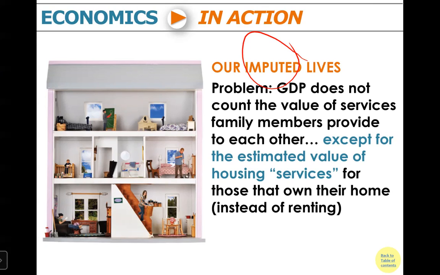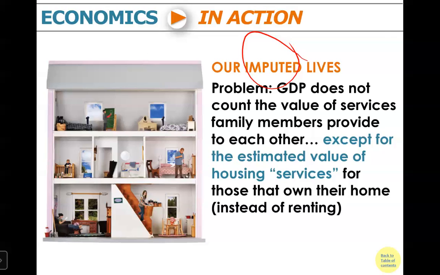So I'm asking a question for you to think about. First, we understand that our life is imputed in the sense of measuring GDP, meaning the GDP usually underestimates the actual economic activity, right?